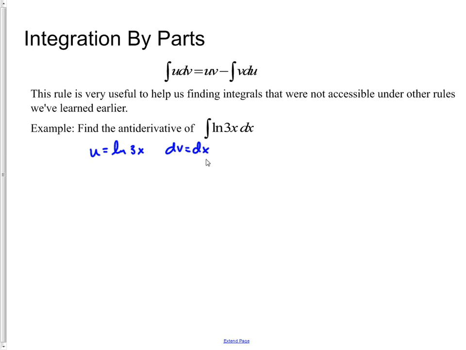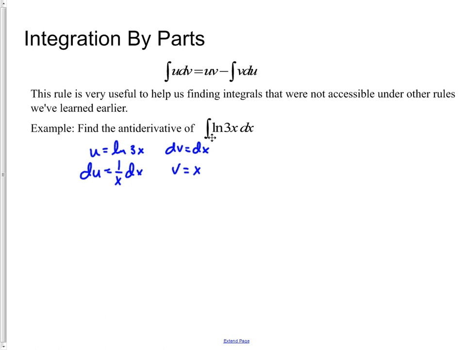Now, while it would seem that this is going to complicate things a little bit, honestly, this is actually going to simplify things quite a bit, because when we take the derivative of u, we actually know how to get this, right? This is going to be 1 over x dx. See it? 1 over 3x times 3, that's 1 over x dx. And of course, v has as its antiderivative x.